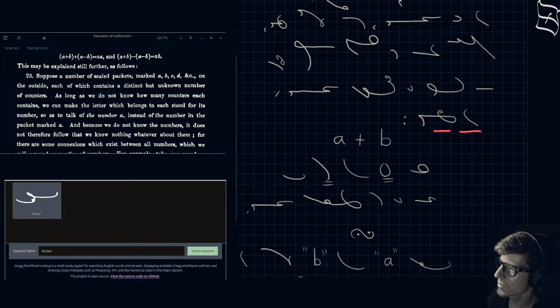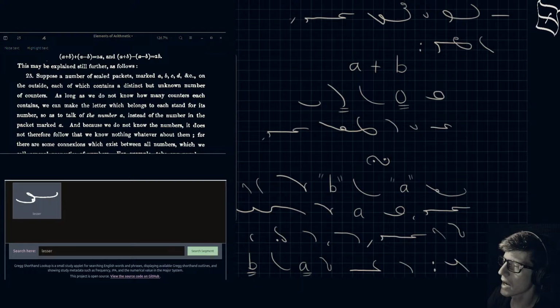For example, A plus B, where a and b are one of the valid numbers, okay?